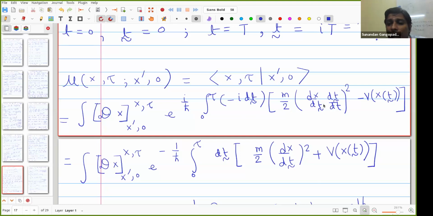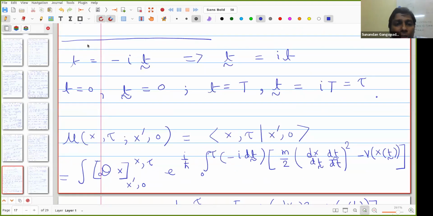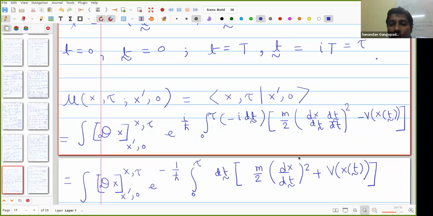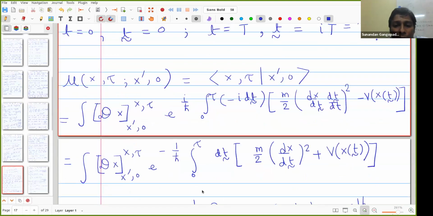If you do that, you can just straight away figure out dt tilde dt from the expression that I've written down earlier. If you put in the value of dt tilde dt here, you will see that this expression boils down to the following: a path integral over x running from x prime, 0 to x, tau, e to the power of minus 1 by h bar.